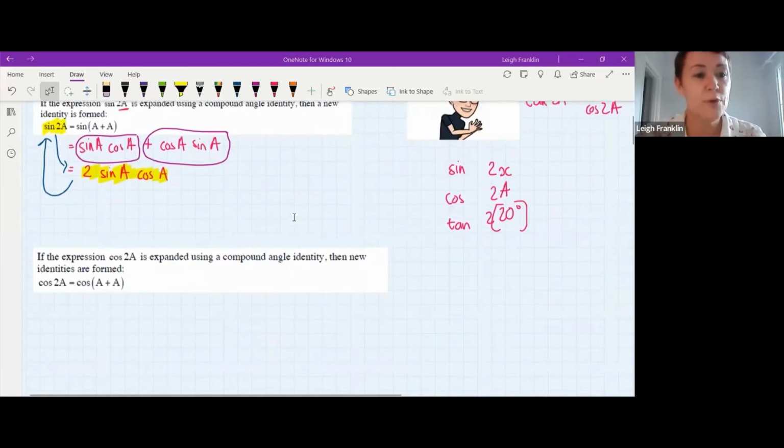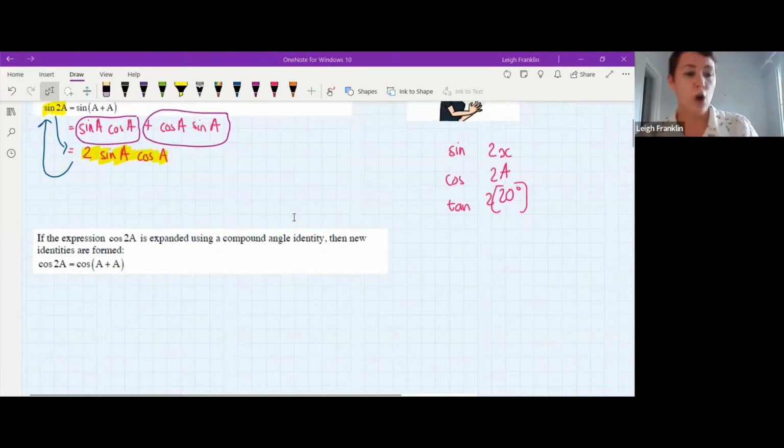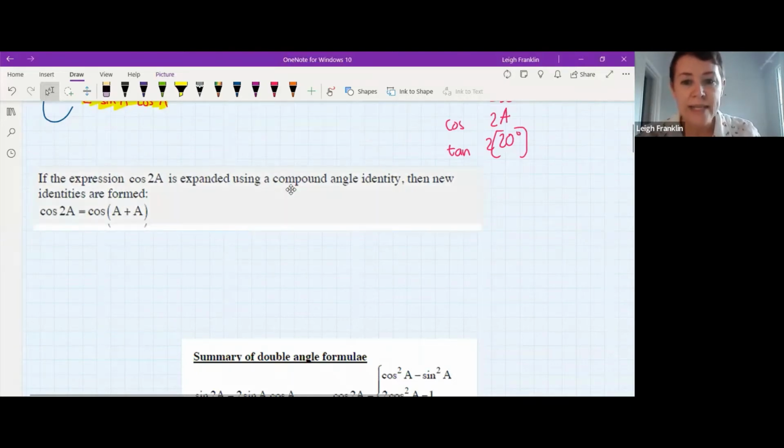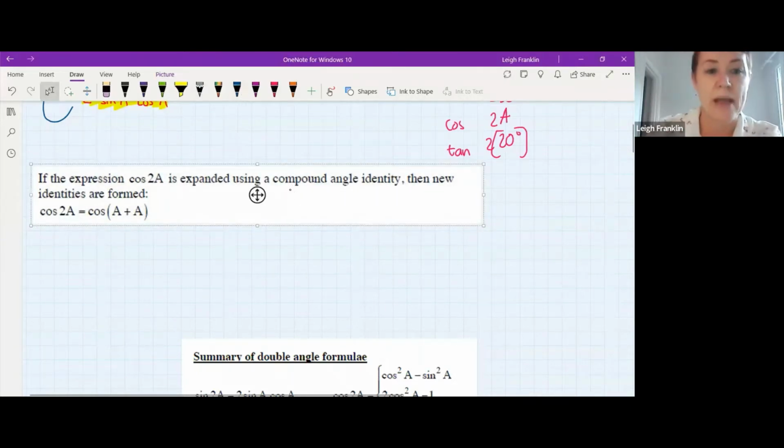All right, let's move on and talk about the cosine double angle identity. Again, cos 2a is obtained from saying cos of a plus a. Again, you need to know your cosine compound angle identities in order to be able to expand this.